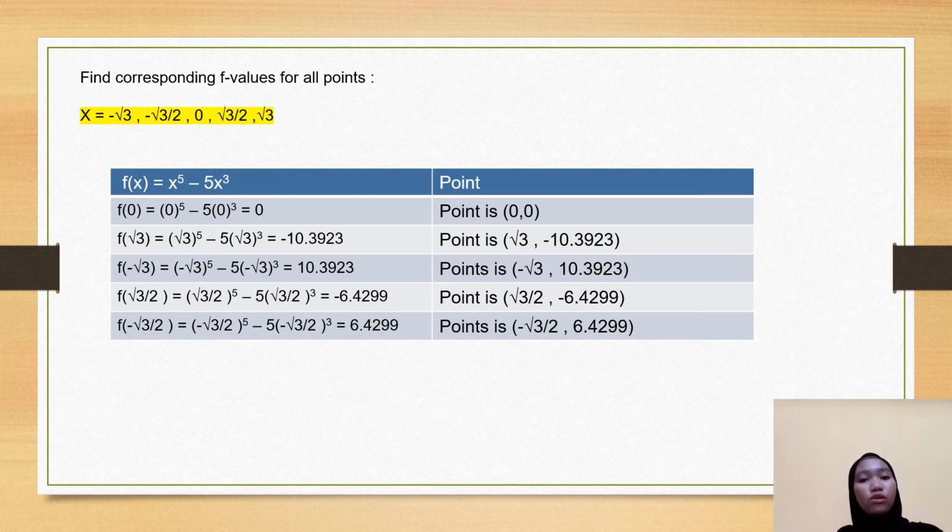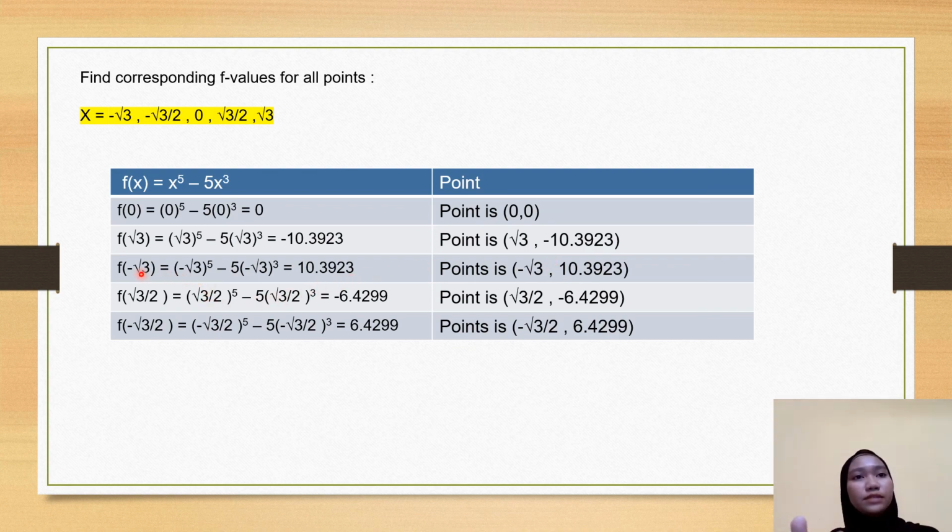Okay, after we get all the values of x, for the last step we can find the corresponding f values for all the points that we got just now. We know the previous equation f(x) equals x to the power of 5 minus 5x cubed. When we substitute x equals 0, we got 0, so the point is 0, 0. Second, we substitute x with root 3, we got negative 10.3923, and the point is root 3, negative 10.3923.